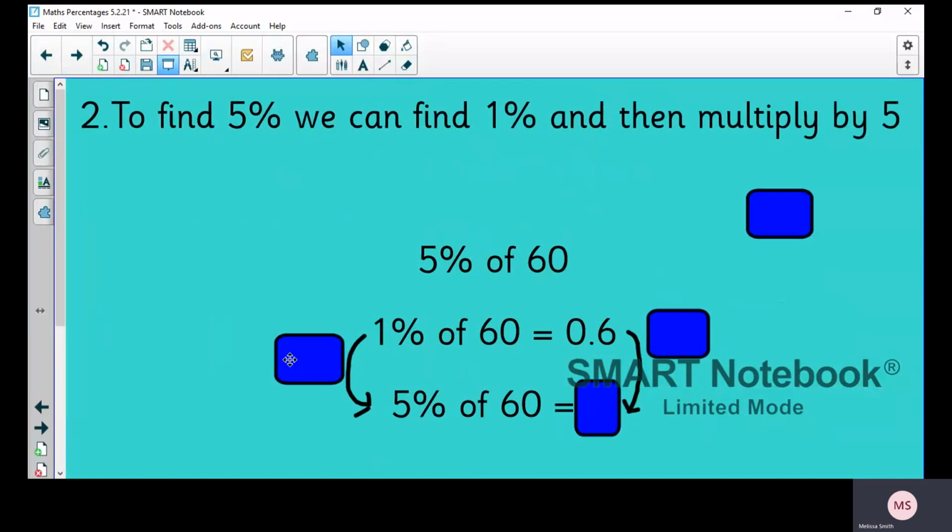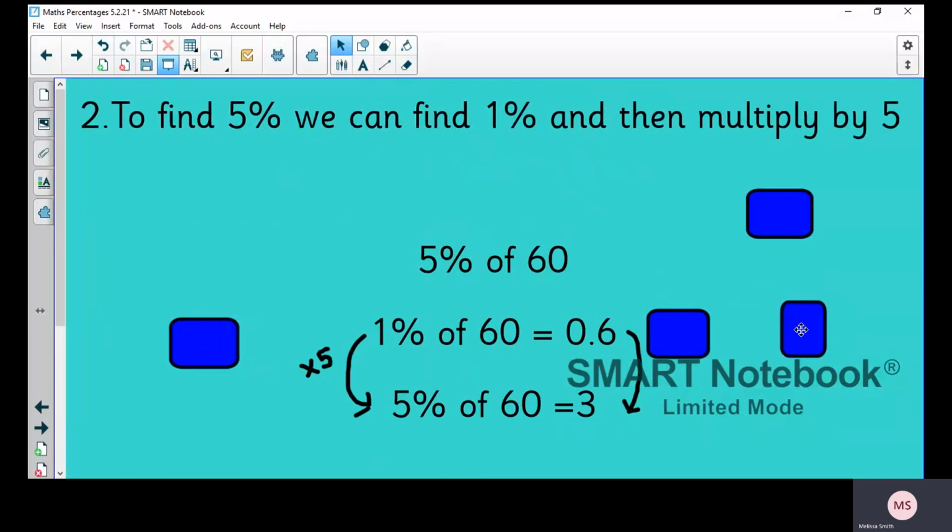I need to multiply it by 5. So I have to multiply 0.6 by 5. And that gets me the answer of 3. So that's two different methods there. Method 1, find 10% and halve it to find 5%. Method 2, find 1% and then multiply by 5 to get 5%.